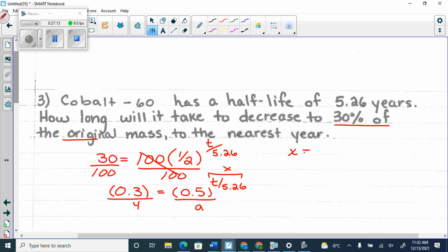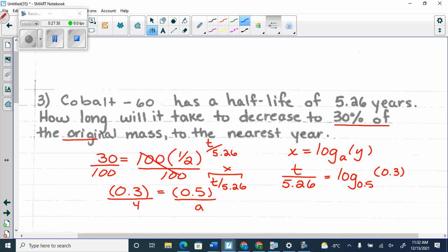And so I get x equals log base a of y off my formula sheet. So x, which is t over 5.26, equals log base 0.5 of 0.3. And then I just have to multiply by 5.26.